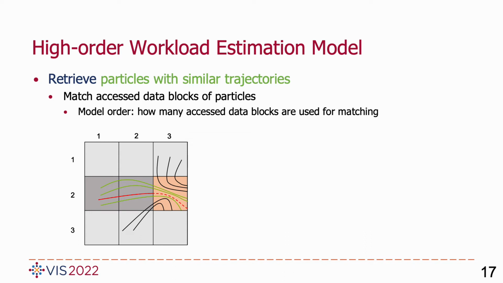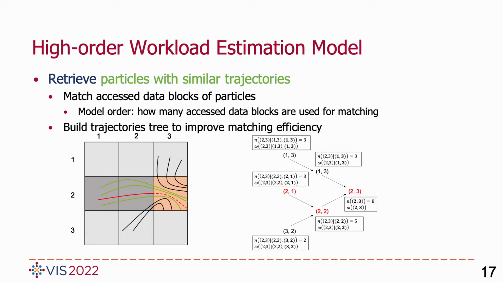The model order represents how many accessed data blocks of each particle are used for the matching. Higher model order usually has lower estimation errors and higher overhead. We also organize particles' trajectories using a tree data structure called trajectories tree to improve the matching efficiency. Please see details in our paper.